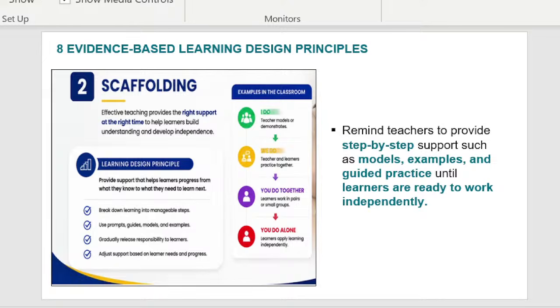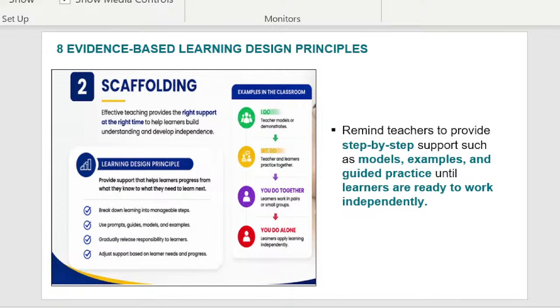Second, scaffolding. Remind teachers to provide step-by-step support, such as models, examples, guided practice, until learners are ready to work independently. An example is I do, we do, you do together, you do alone.